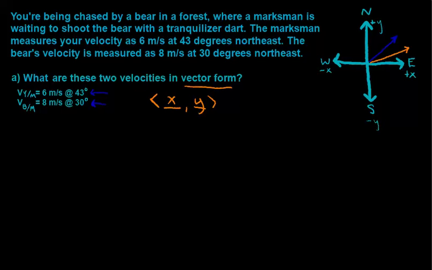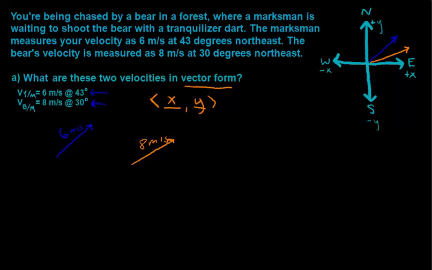So the first thing we're going to do is take these two vectors and draw them separately from each other outside of this coordinate system. So we are going to be in blue at 6 meters per second, and then the bear is going to be in orange at 8 meters per second.